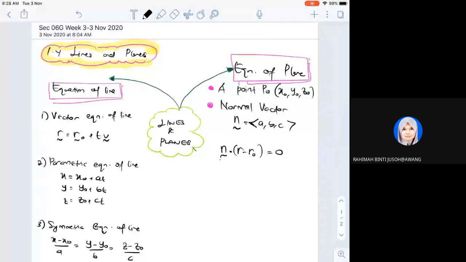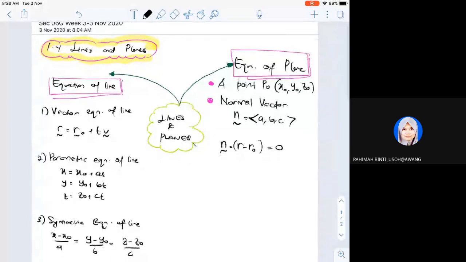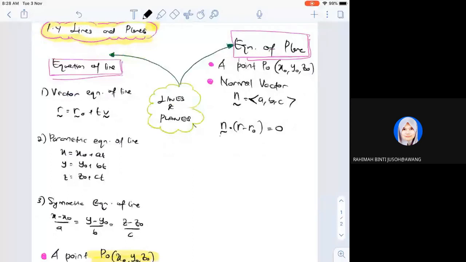Okay, this is the original formula. However, I always suggest my students to memorize another formula. Okay, equations of plane, this is the alternative method. I think this is much easier.